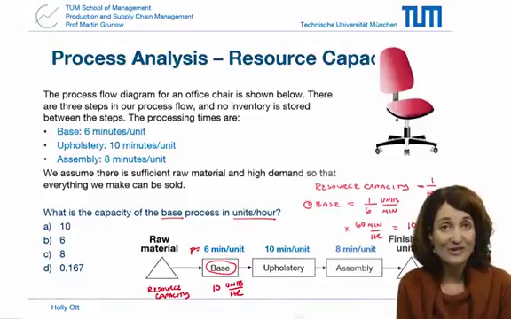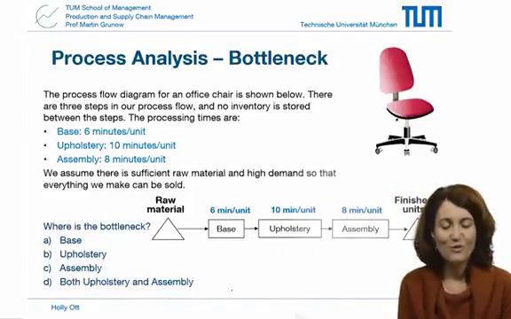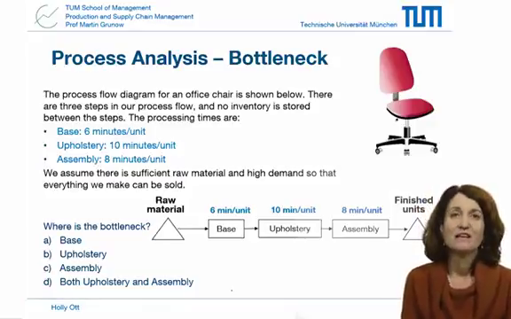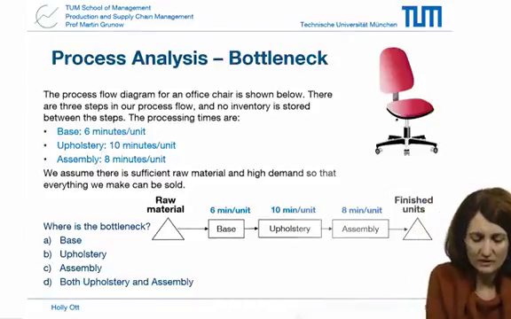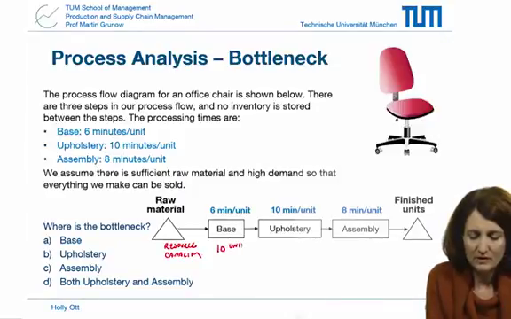Now the next question, of course, is where's the bottleneck in our process? So again, the bottleneck is the resource with the lowest capacity. So what do we have here? Again, the resource capacity at the base was equal to 10 units per hour.